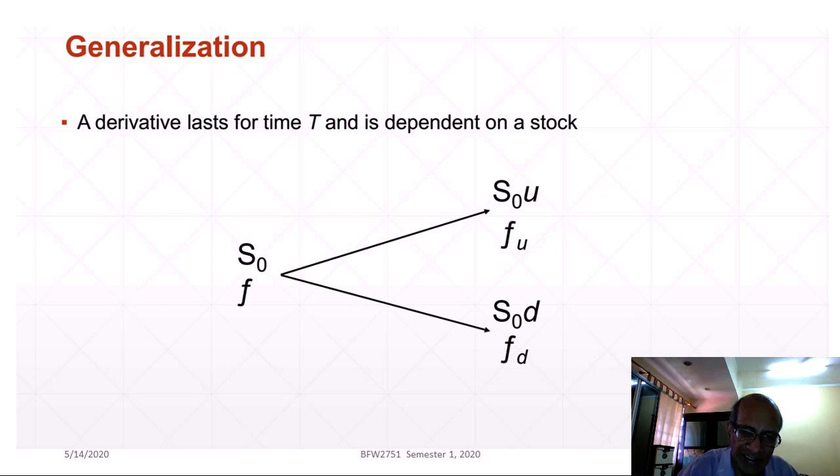Okay, generalization for binomial option pricing. These are the general functions which you have to understand first before we can move into other models. Very important is the expiration time. A derivative lasts for a time T and is dependent on the underlying, that is a stock.